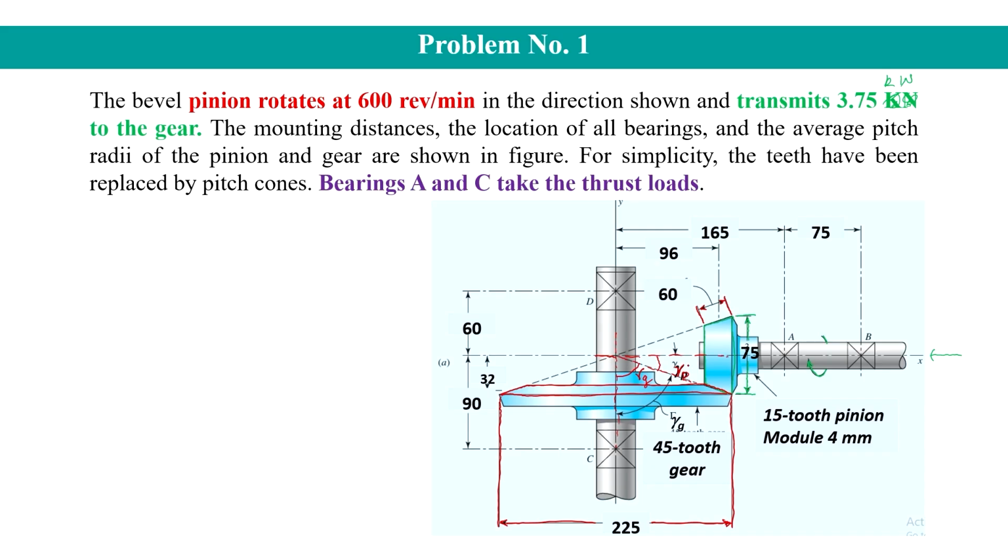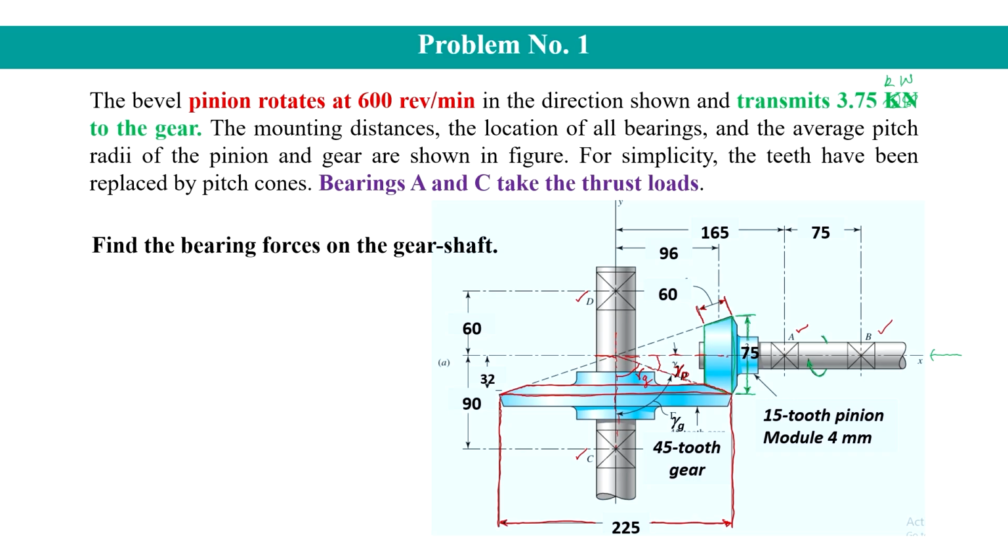Well, now the shaft of the gear is supported by bearing D and bearing C, and shaft of the pinion is supported on bearing A and bearing B. The number of teeth on the pinion is given as 15, and the module of both the gears will be 4 mm, and number of teeth on the gear is 45.